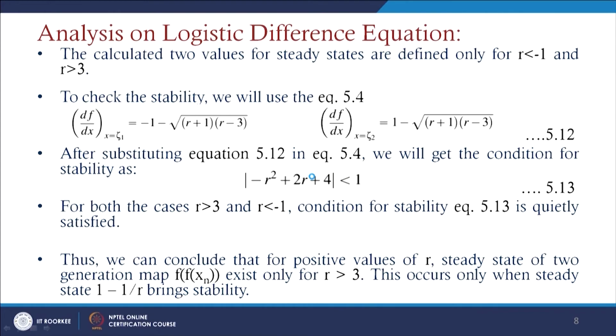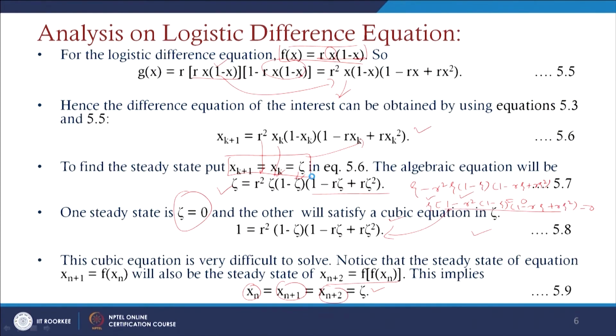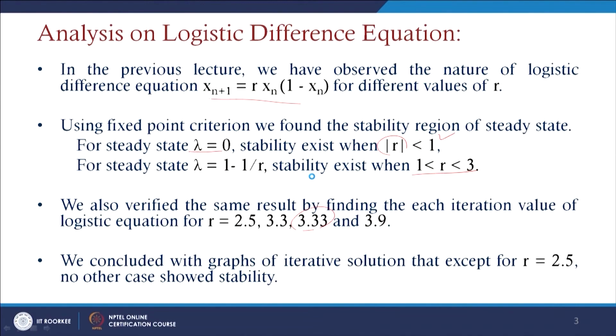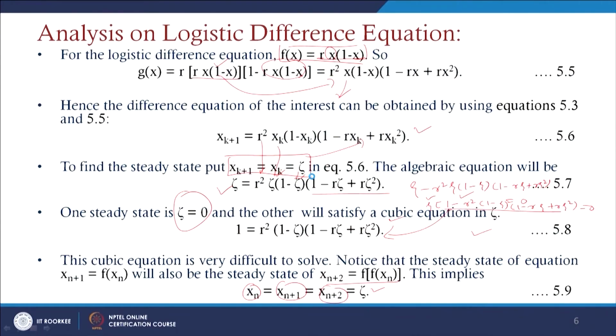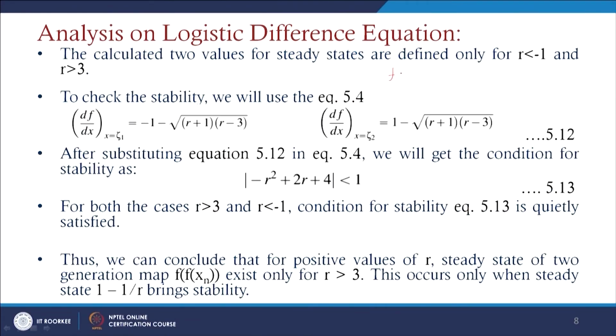So, if you use this equation 5.4, f of x is given as r xn into 1 minus xn, or r x into 1 minus x. So, f of x is written as r x into 1 minus x.